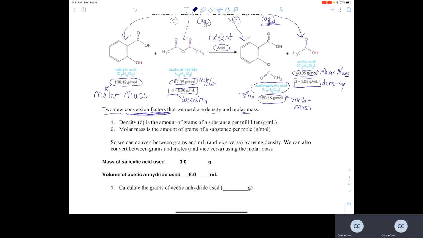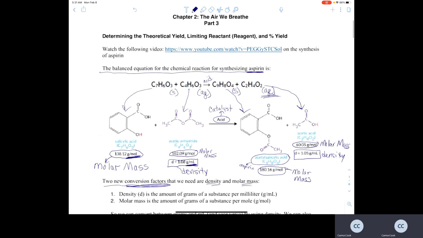So you can see the units for density, grams per milliliter. Molar mass is the amount of grams of a substance per mole. The units for molar mass are grams per mole. So therefore, I can convert between grams and milliliters by using density, and I can convert between grams and moles by using the molar mass.